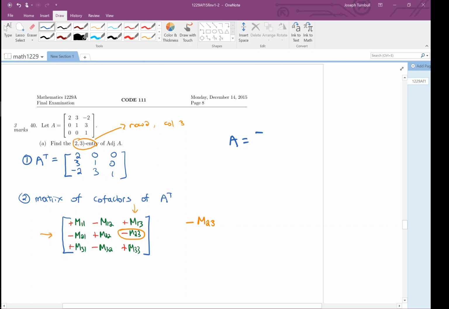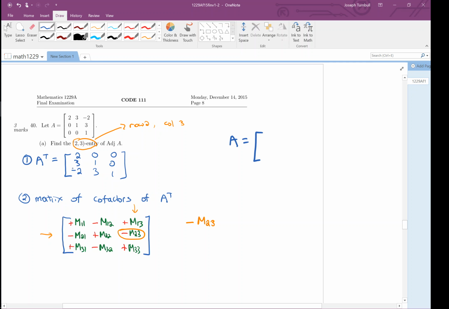So here's the matrix. I'm going to rewrite it. A equals 2, 3, negative 2, 0, 1, 3, 0, 0. Oh, I don't want A, I want A transpose. Copying the wrong thing. Back when I took this course as an undergraduate, this was one of the mistakes that I made on my exam.